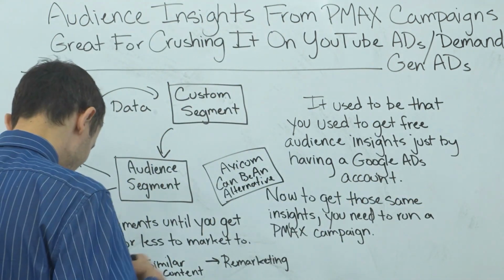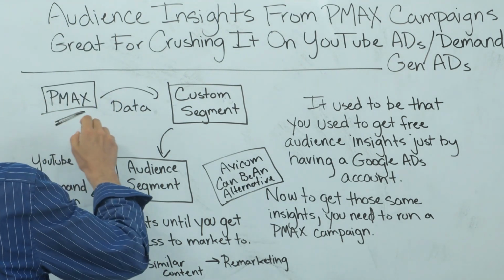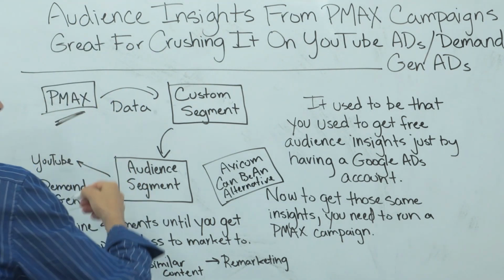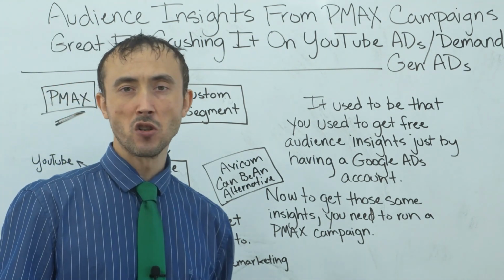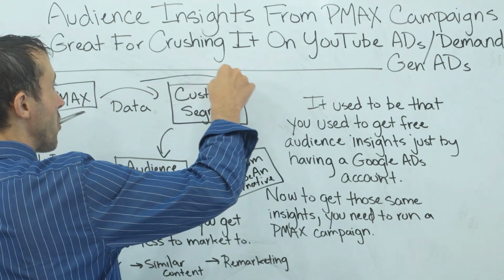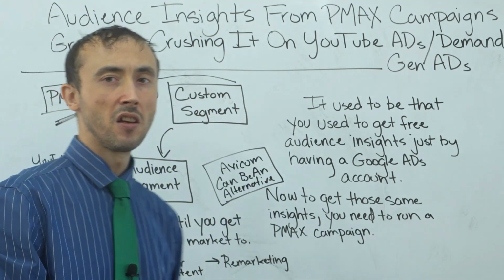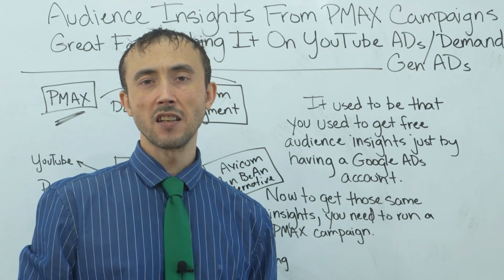So the way that this actually works is like this. You run a PMAX campaign. The data that's picked up by the PMAX campaign for the customers that you're getting, if you have your conversion tracking set up, you can then use to create a custom segment under audiences in your Google Ads account.